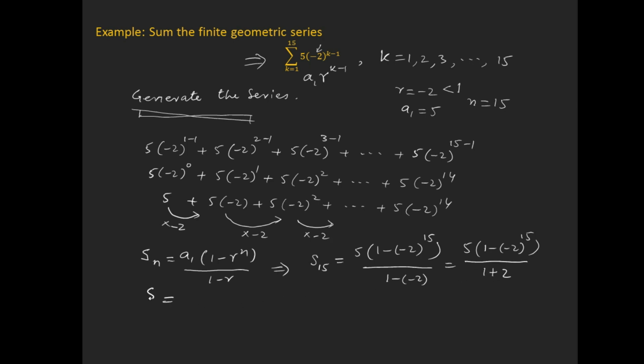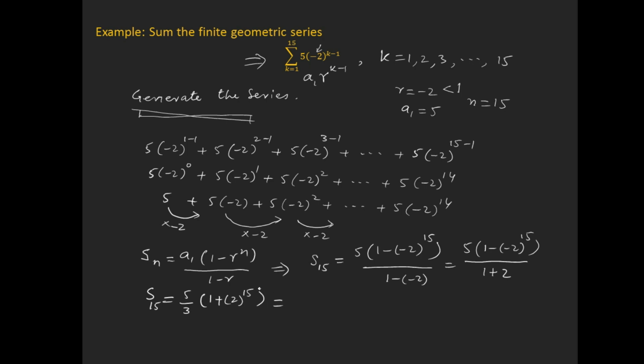This means S15 is equal to 5 divided by 3 multiplied by 1 minus, and since 15 is the power, 15 is odd, so the minus will be taken out and we will get 1 plus 2 power 15.